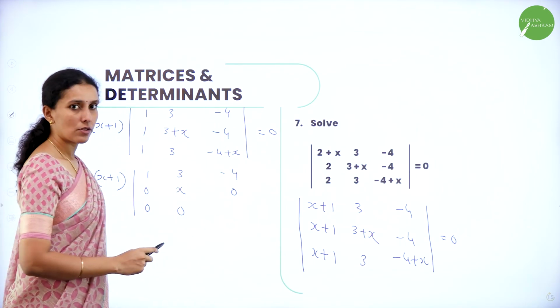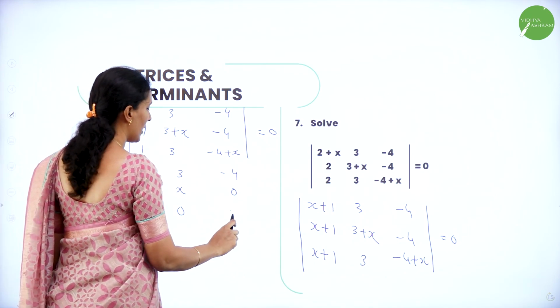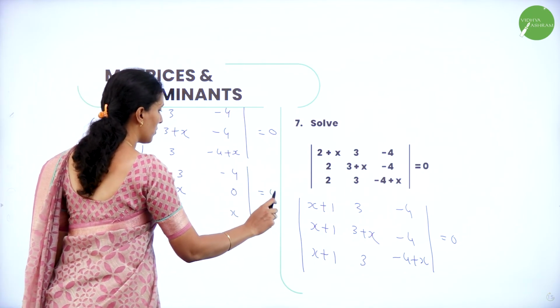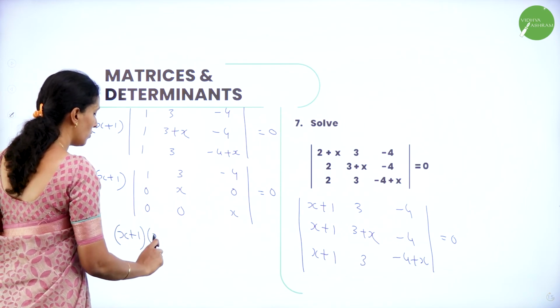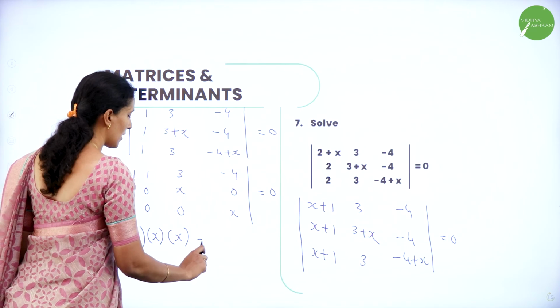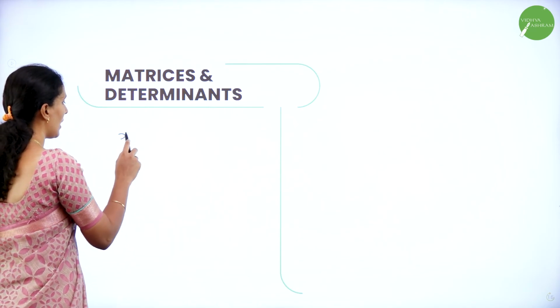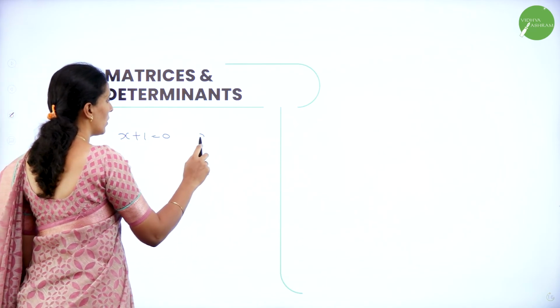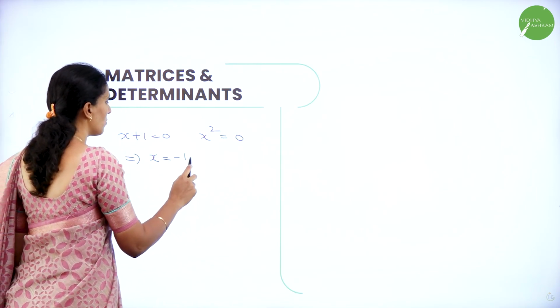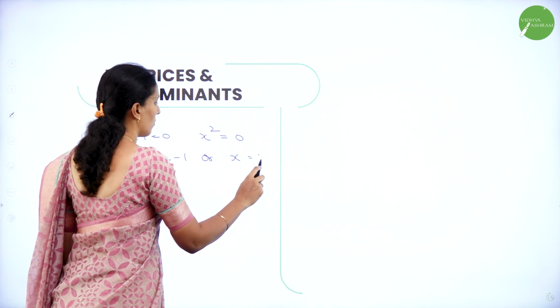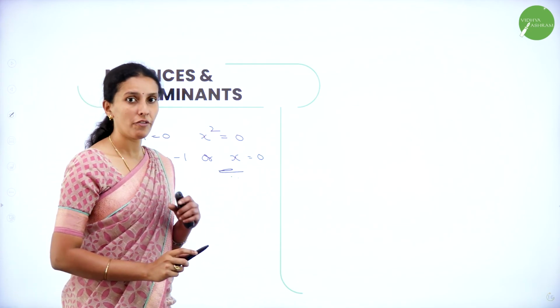That is, minus of minus 4 becomes plus 4. Again here it is x is equal to 0. Clearly you can see it is x plus 1 into x square is equal to 0. So I can write x plus 1 is equal to 0, x square is equal to 0. This implies x is equal to minus 1 or x is equal to 0. So this is the value of x.